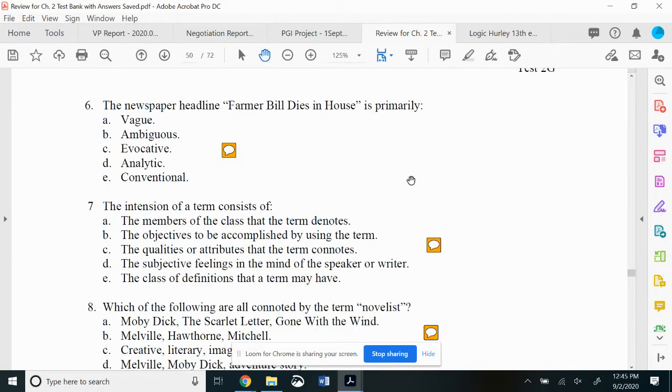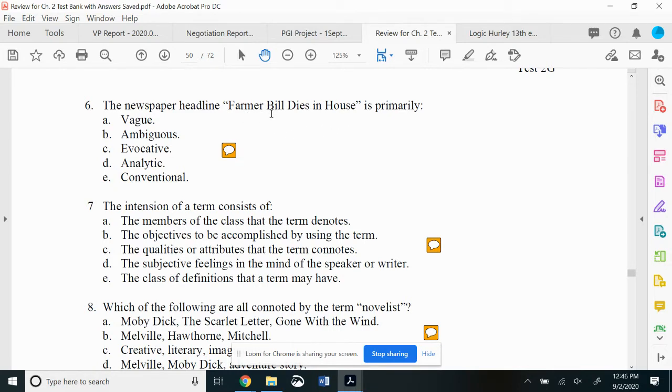6, the newspaper headline, Farmer Bill dies in house, is primarily. So this one, if you struggle with this, it's ambiguous. And what it means is ambiguity, and you can look back to this section, at least 2 different possible explanations could be given. Now, to see this, at least 2 things.